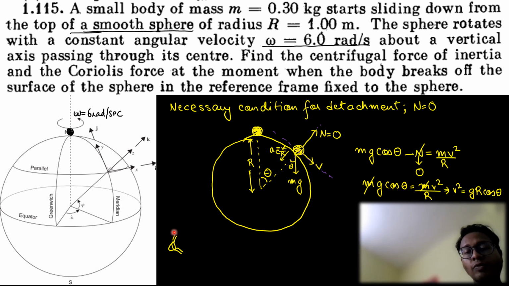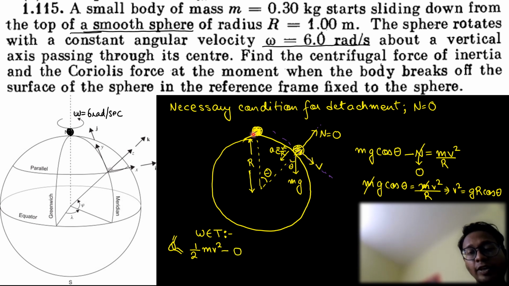For that we'll use the work energy theorem. From this frame of reference, work done by all the forces is equal to the change in kinetic energy. Let's say during the break off, the speed is v. So half m v square, the final kinetic energy, minus 0 initial kinetic energy. Why 0?